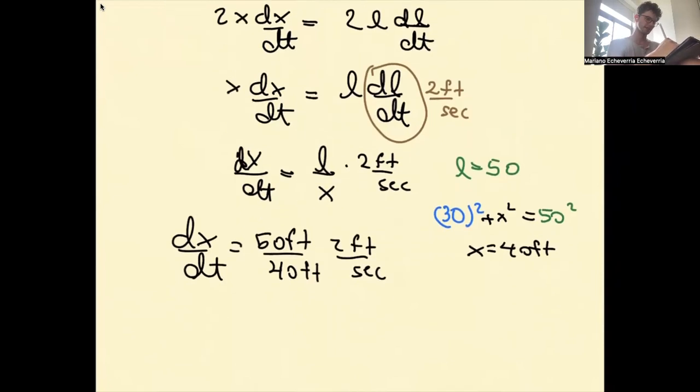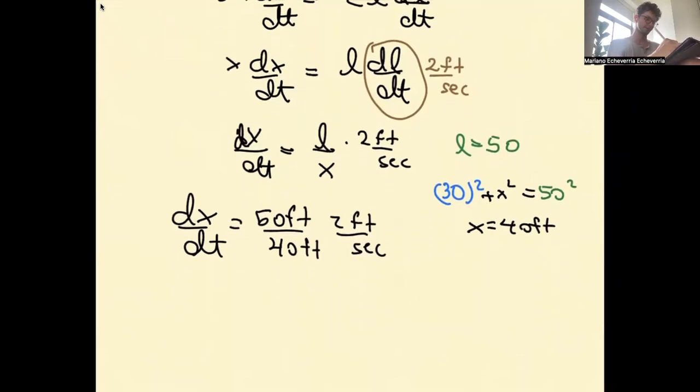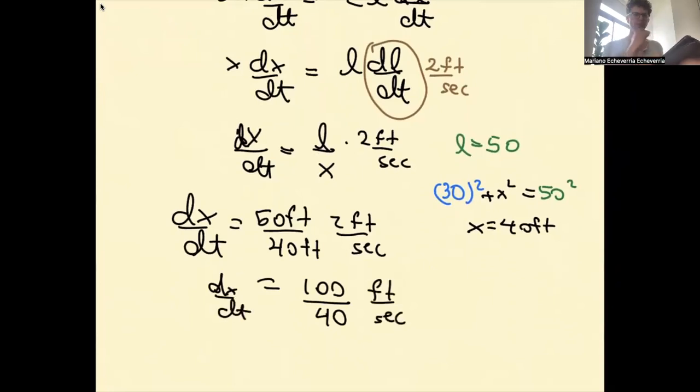Is that making sense? So this gives you 100 over 40. You can simplify this a little bit, I guess. But yeah, you can say 10 over 4 is 2.5, right?